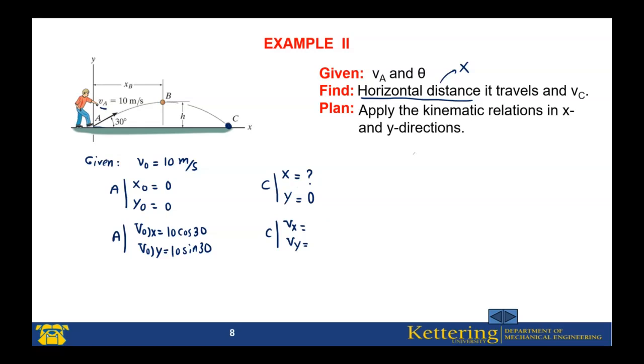At point C, how much is Vx? 10 cosine 30. Why is this so? Because this is equal to the initial velocity along the x direction. We are looking to find x, but we can't find it yet.